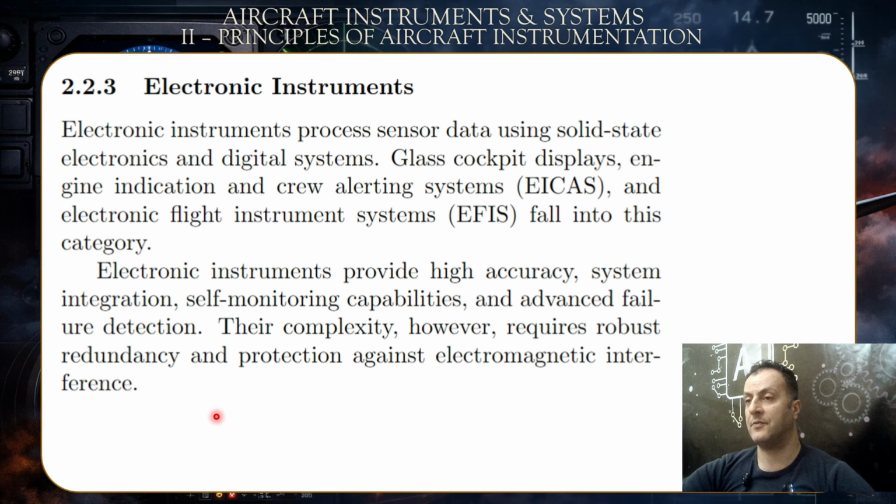You need redundant displays, redundant devices and instruments, so that you can back it up, because the electronic display is susceptible to faults. It can itself be at fault, or it can be affected by electromagnetic interference and no longer work properly.